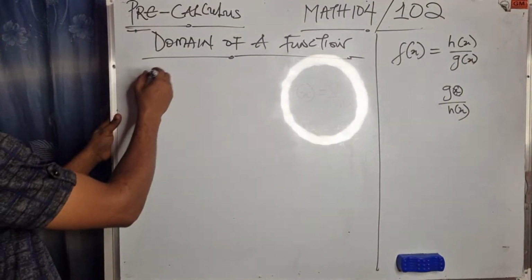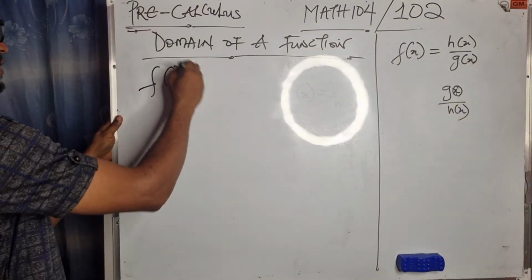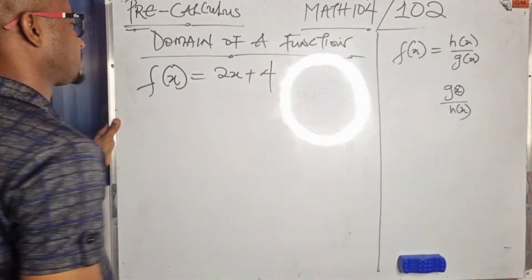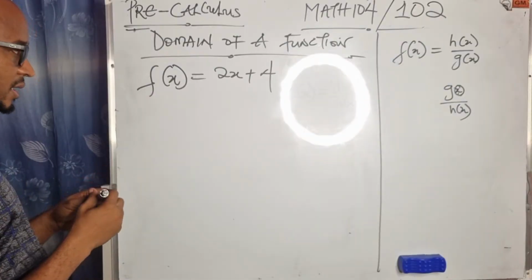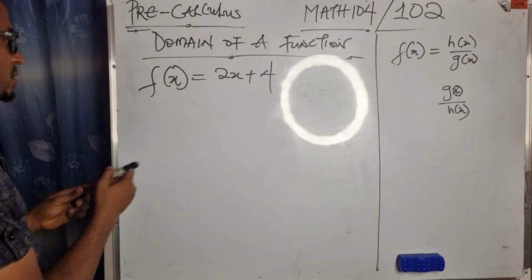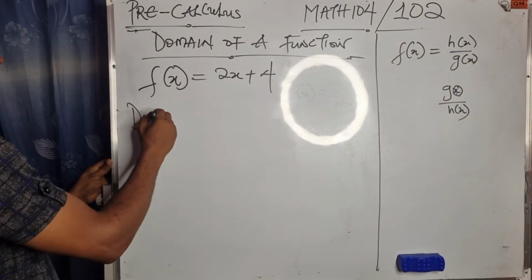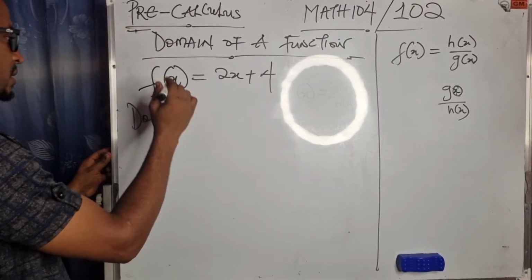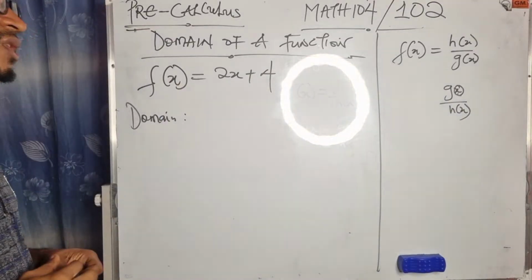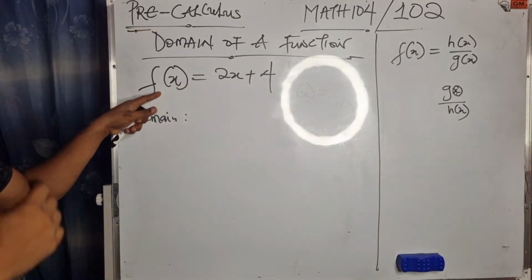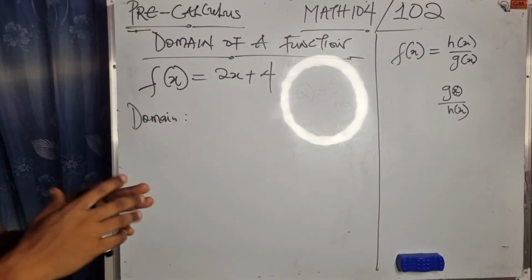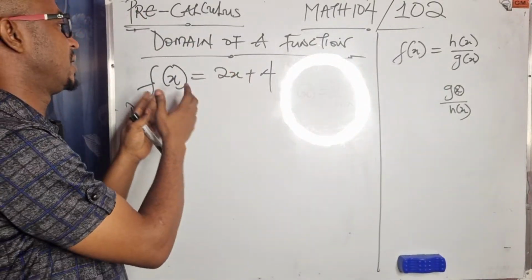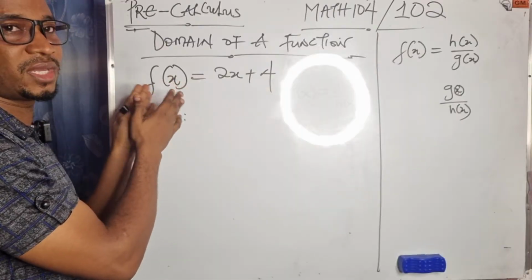So if I have a function, let's say f of x equals 2x plus 4, and we're asked to find the domain of this. Let's look at this together. What are the possible values of x that can define this function? Meaning, what are the values of x that I can substitute into this function that will give me a value of y?